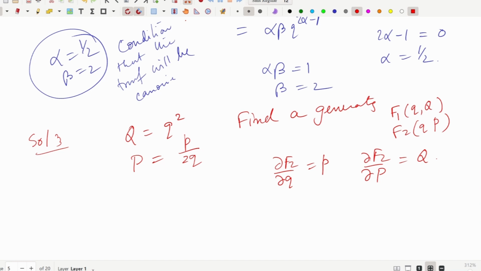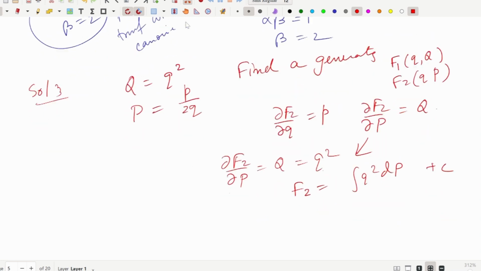So, if I use this second equation, del f2 del P is very straightforward, it is capital Q, and Q is nothing but your q square. And now remember, q and capital P are independent variables. So, this can be very easily integrated: the integral of q square dP plus constant, and q square can be taken outside. So, you have to be careful about which pair of variables are independent.